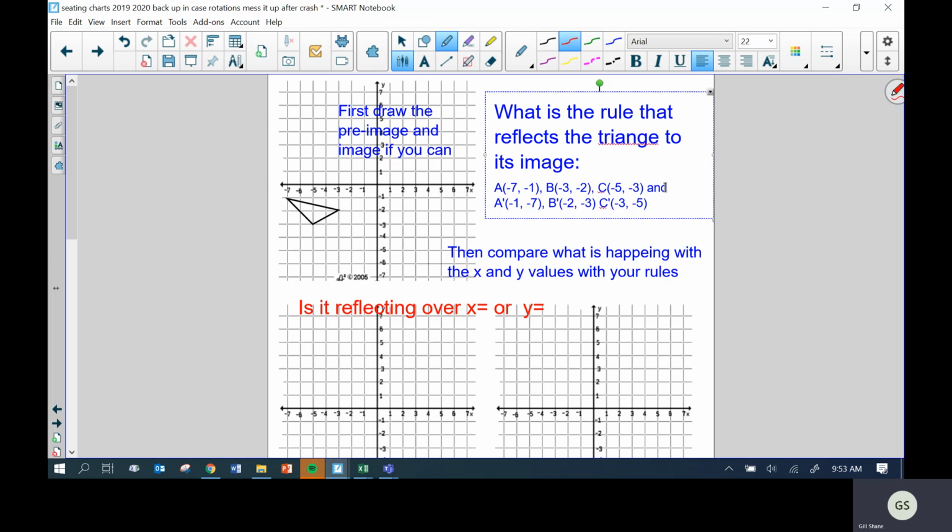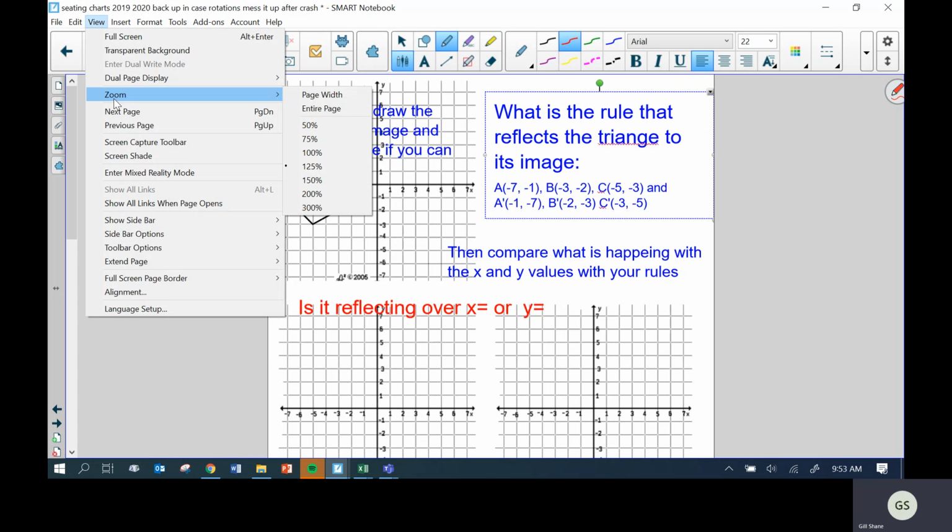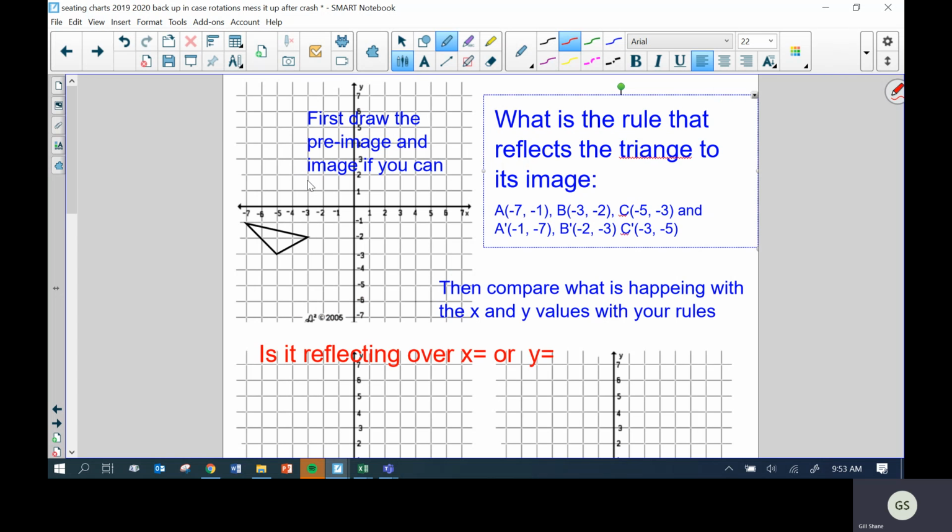If you can figure out what they did to each one of these points, what's going on with each point? D'Anthony, what did they do to point A? Can you see it? I'll zoom in. Just look up here.